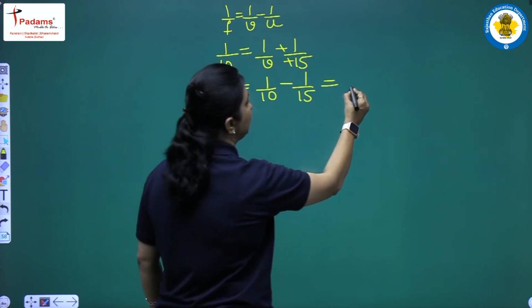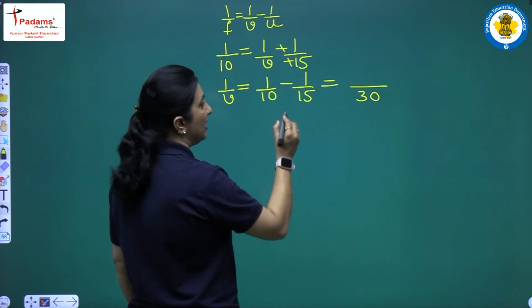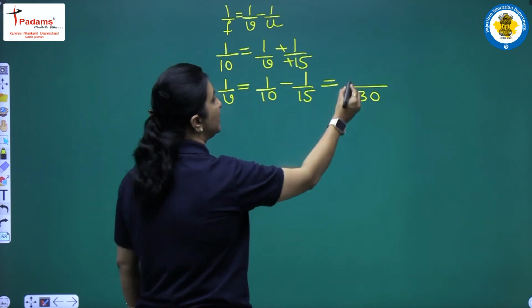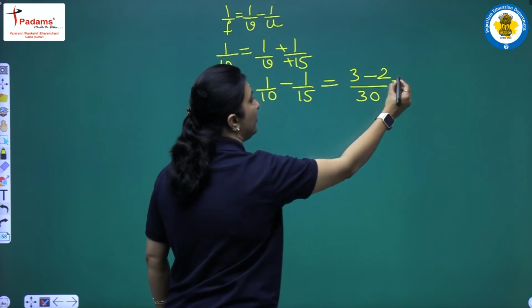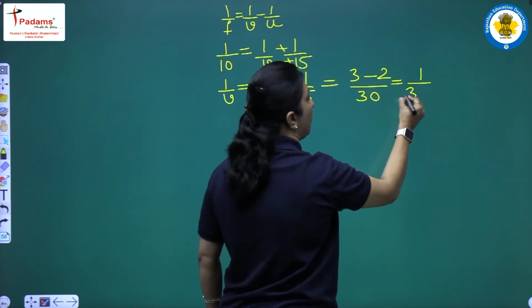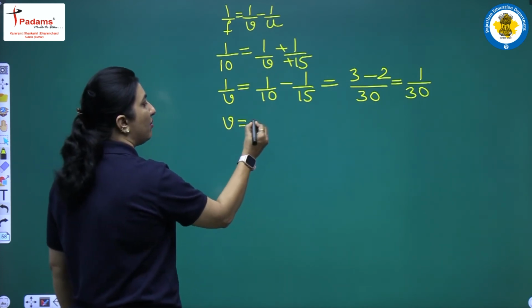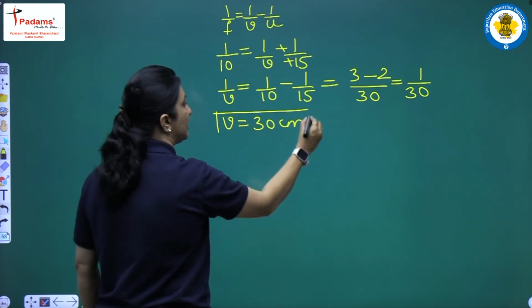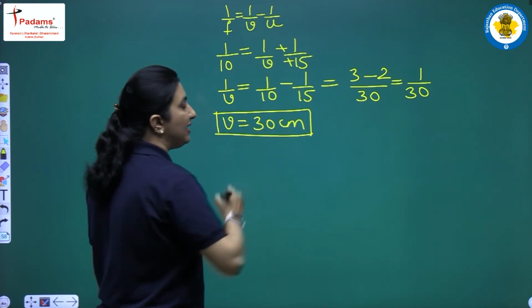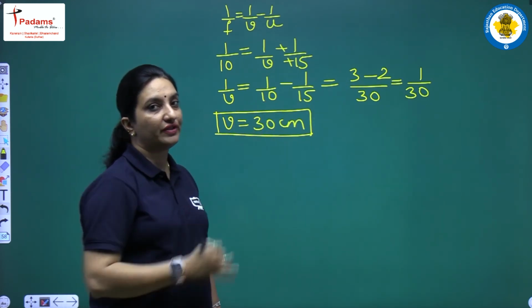On taking the LCM, it will again be 30, and what we see here is 10 3s are 30 and 15 2s are 30. So, we will get 1 upon 30. On reversing, v will come out to be 30 centimeters.